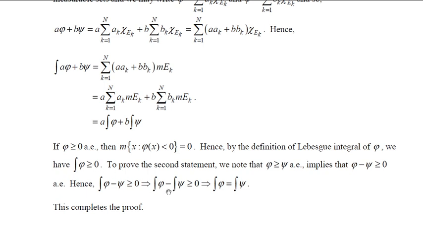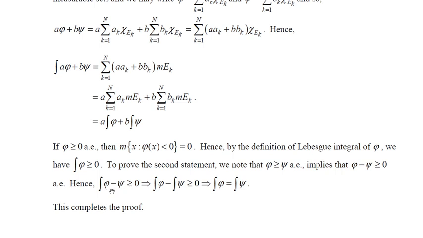And let us prove this argument. They are given phi is greater than or equal to psi almost everywhere. Now if you send this to this side, phi minus psi is greater than or equal to 0 almost everywhere. But by this result, the integral of phi minus psi must be greater than or equal to 0.